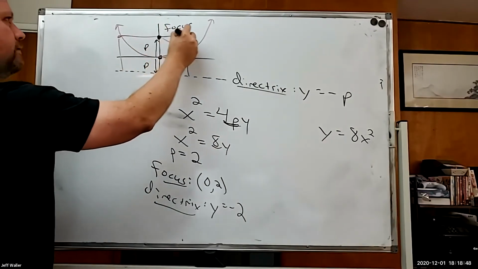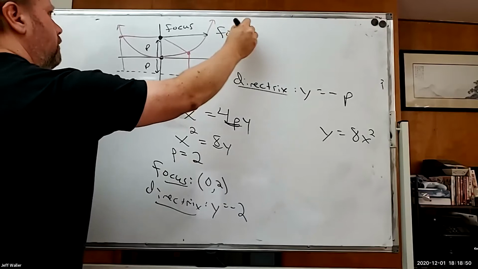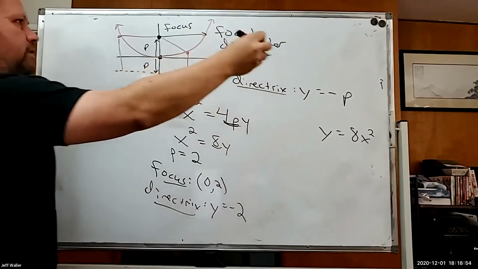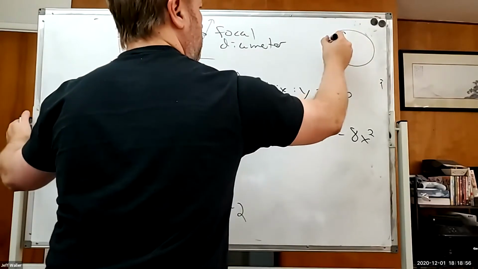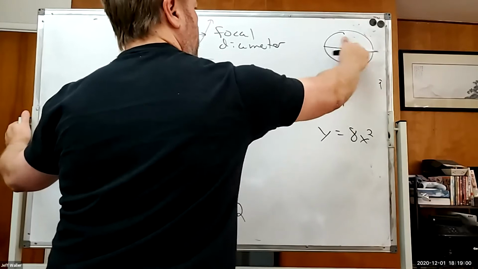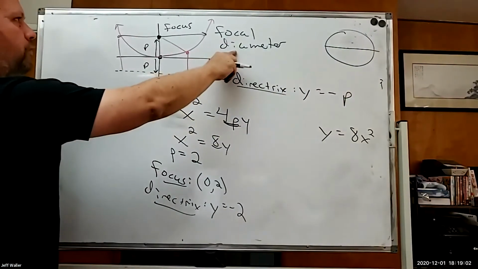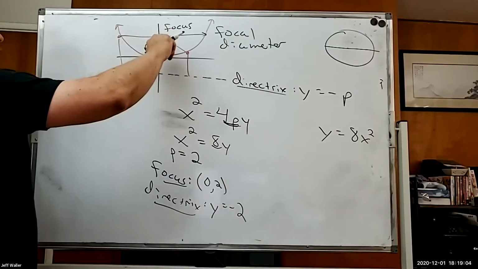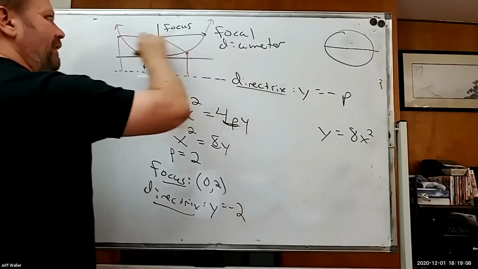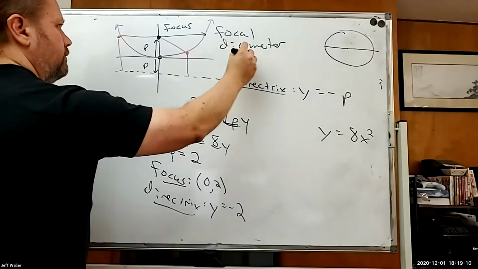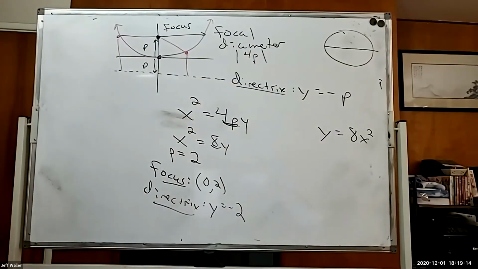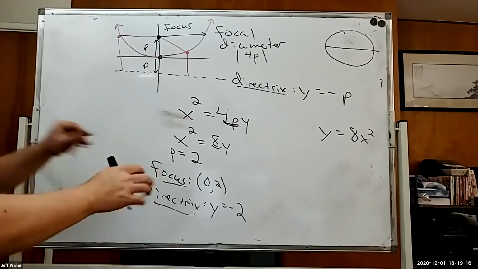This distance is called the focal diameter, which is kind of a neat thing because the diameter of a circle goes through the center. The focal diameter of a parabola goes through its focus in a very similar kind of way. The focal diameter's length is the absolute value of 4p, because p could be negative. That's why it's the absolute value. So watch this.